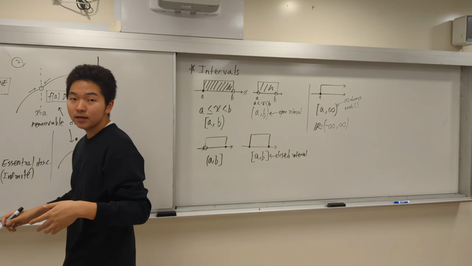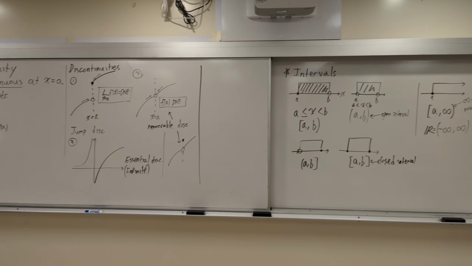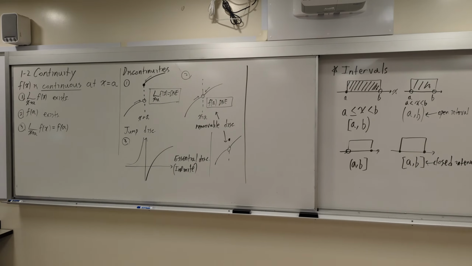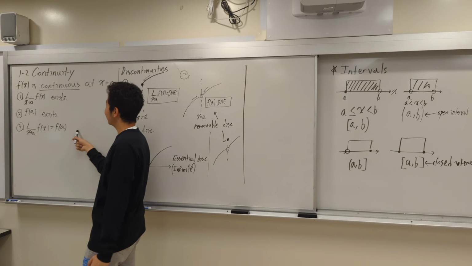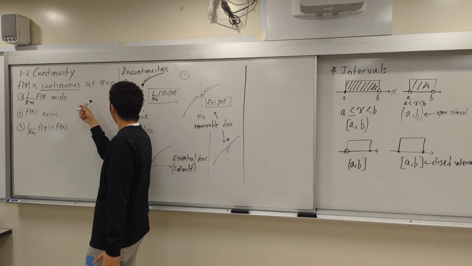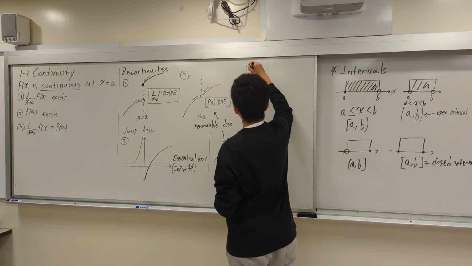So remember, we defined continuity at a single point, right? So these are the three conditions for continuity at a single point. But what about if I want to analyze the continuity on an interval?